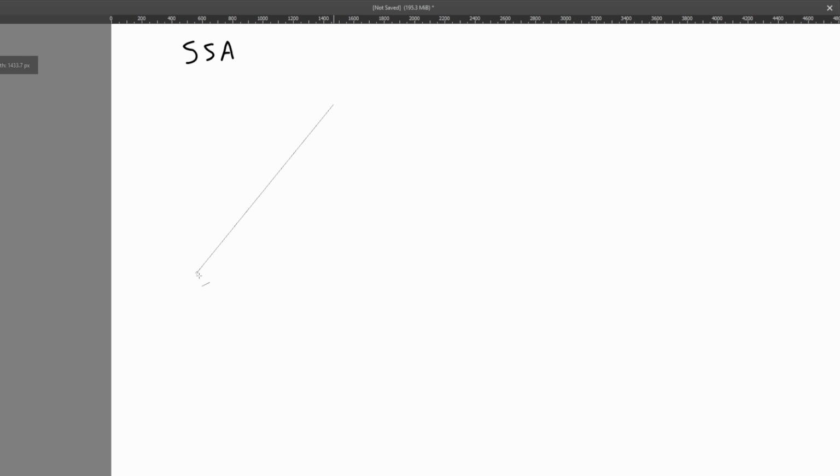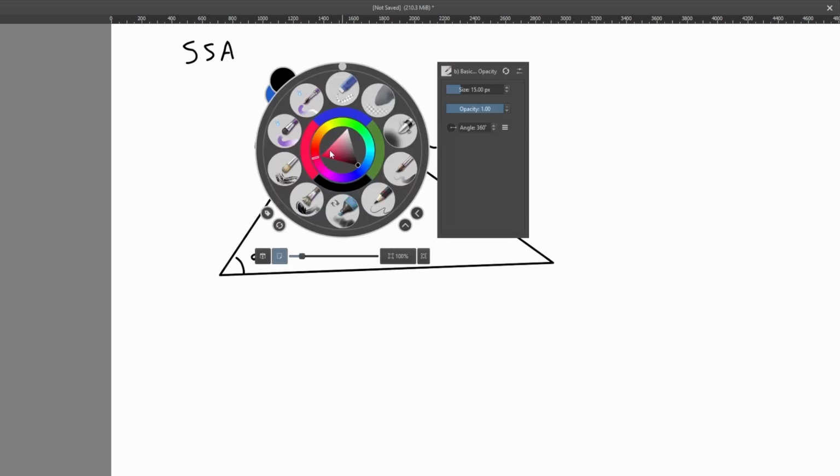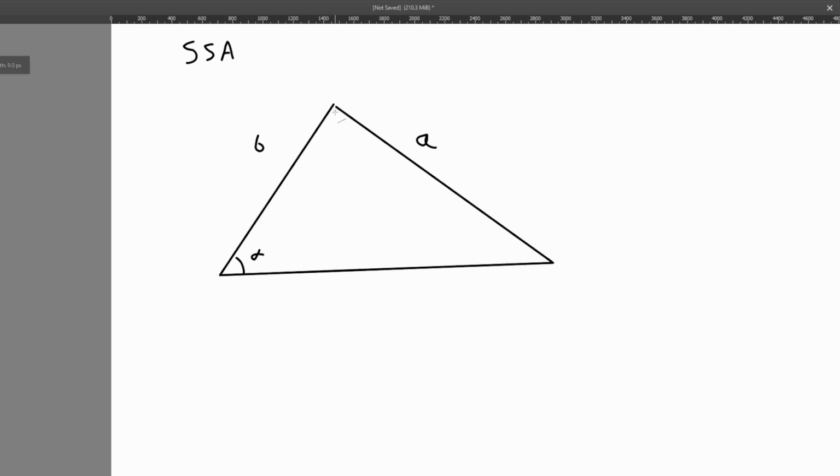For example, let me draw a triangle that will have side lengths B and A, and an angle alpha. The reason this is a tricky case is that there are actually two triangles that satisfy this case. If we draw this line right here, let me draw that in another color.